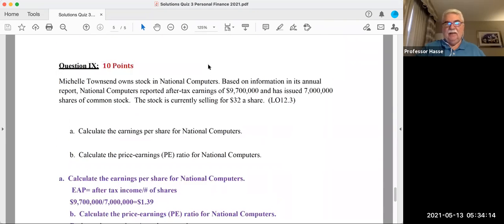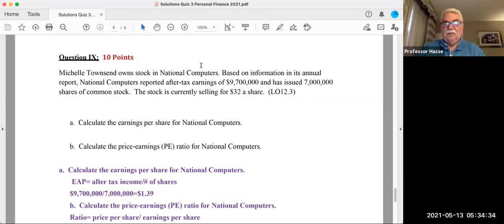If a company has after-tax earnings of $9.7 million and 7 million shares of stock outstanding, and the stock is currently selling at $32 a share, their earnings per share is the net income, or after-tax earnings, divided by the shares of stock outstanding. That's $1.39.